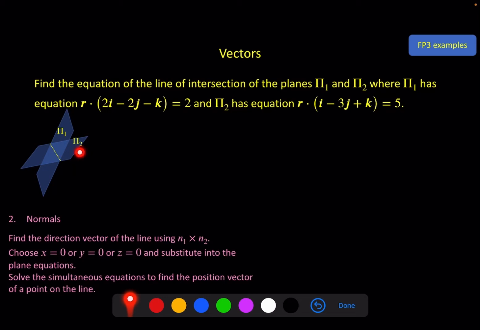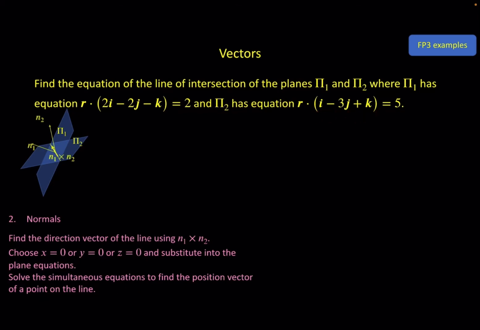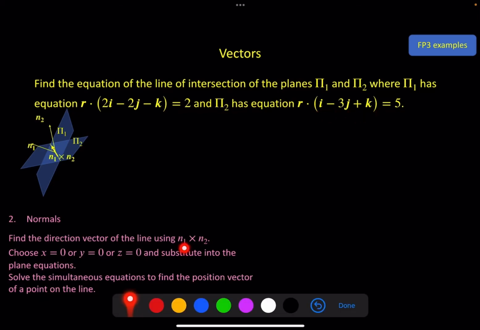And the normal for pi 2 is perpendicular to every vector in that plane, including the line of intersection, because this, of course, to be a line of intersection, must be in both planes. So this direction vector is perpendicular to normal 1 and normal 2, and we can find that by doing the cross product n1 times n2.